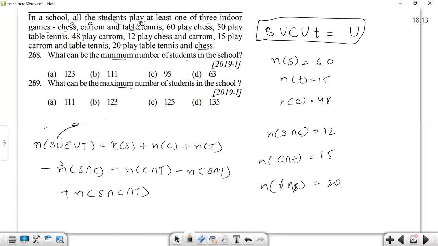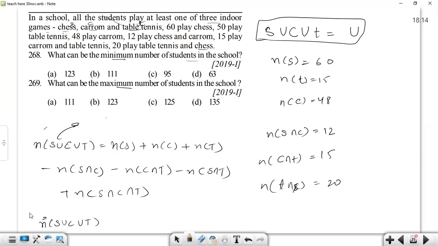So for that, let's first write out the equation given to us. All this information is given to us, right? This is the number of students who play chess or carom or tennis, and there are no other students who do not play any.